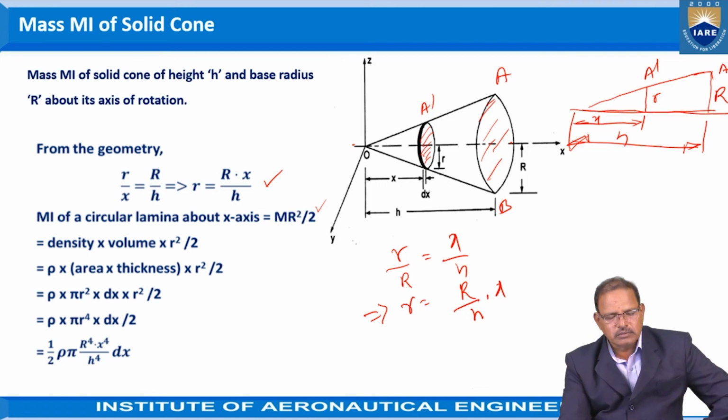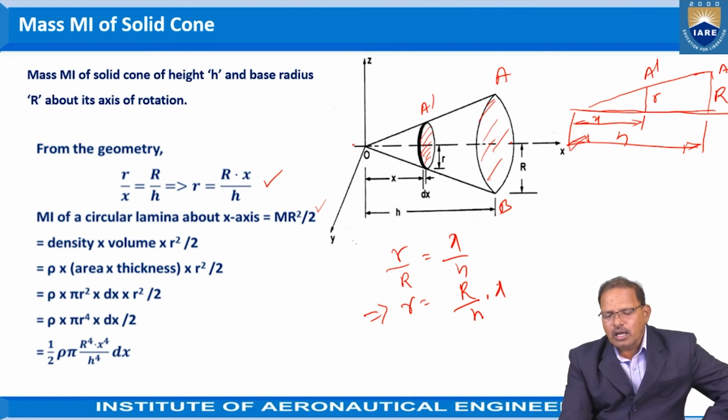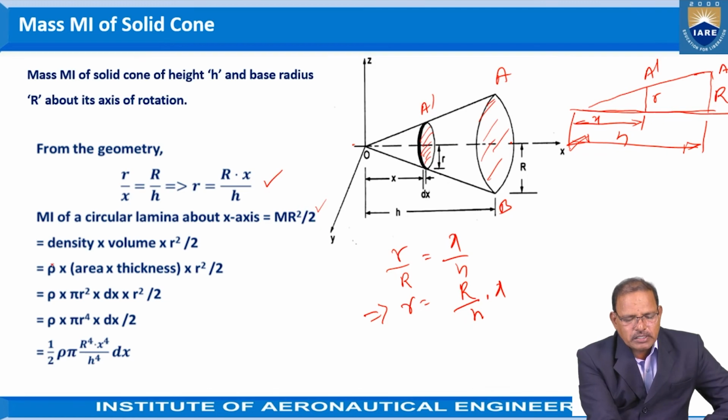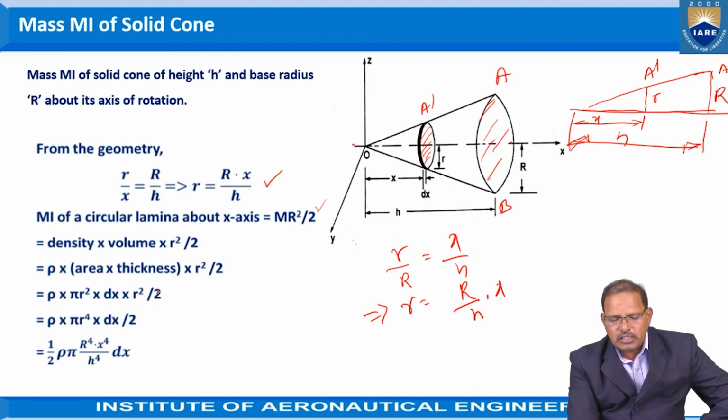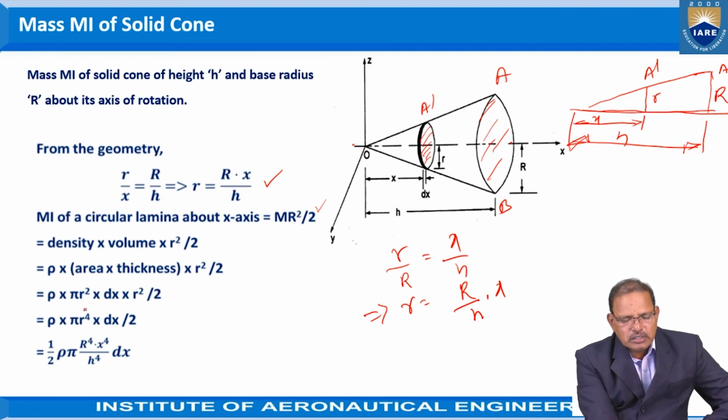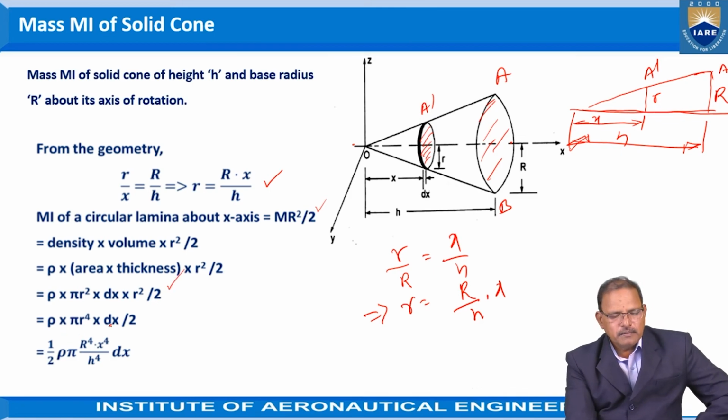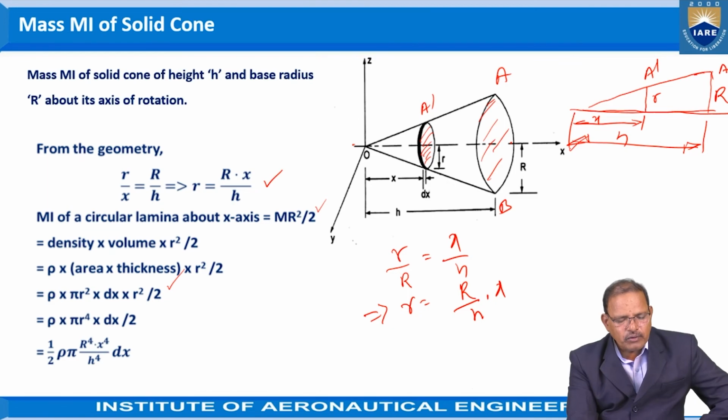Let rho represent the density of the material. The volume is the area multiplied by the thickness. The area of the plate is pi r square and dx is the thickness, so it is equal to pi r square into dx, times r square by 2, which is equal to rho into pi r to the power of 4 into dx by 2.